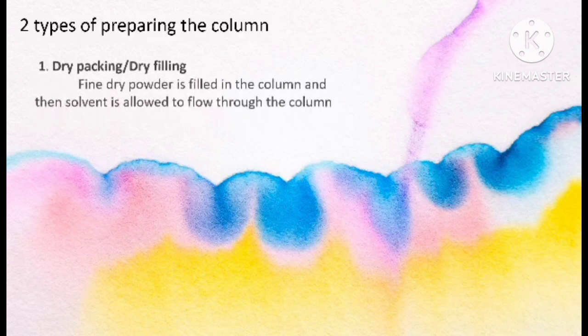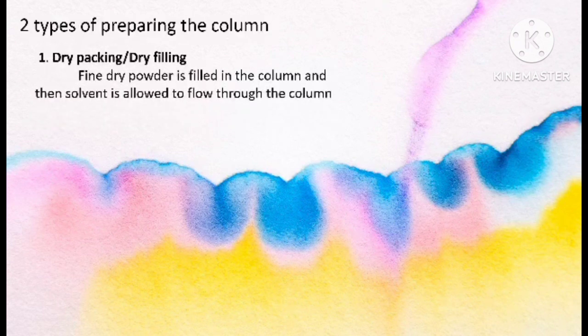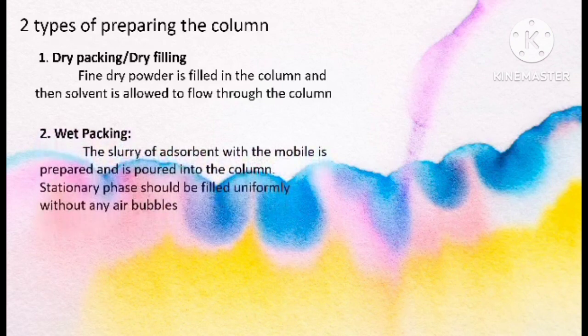First is dry packing, or what we call dry filling. Fine dry powder is filled in the column and then solvent is allowed to flow through the column. The second one is wet packing. A slurry of adsorbent with the mobile phase is prepared and poured into the column. Stationary phase should be filled uniformly without any air bubbles.